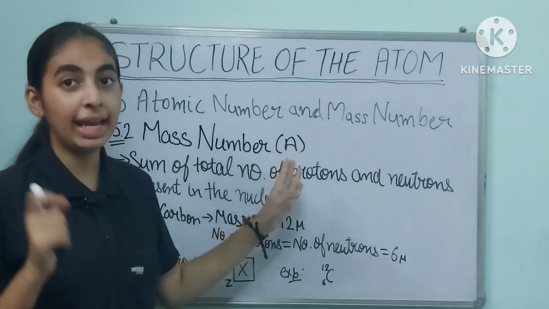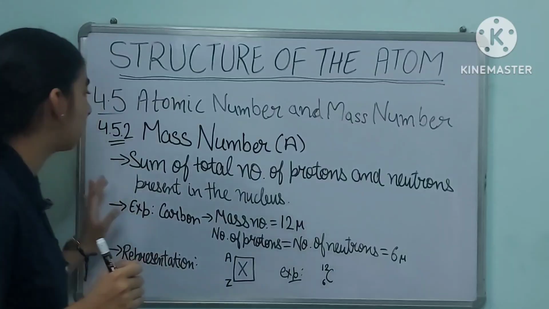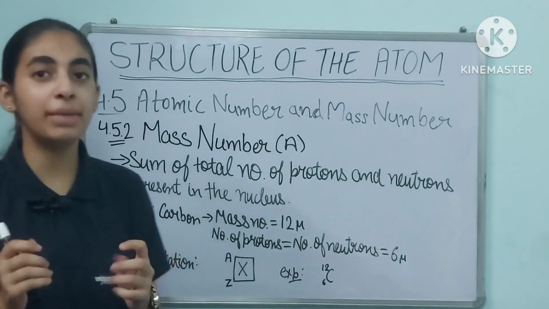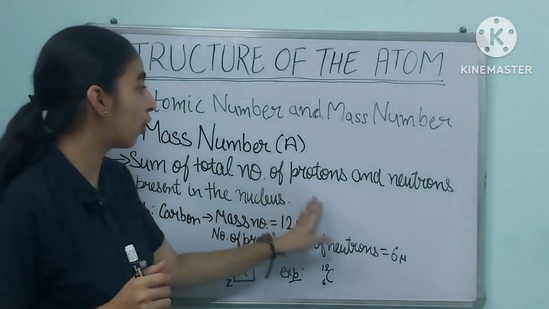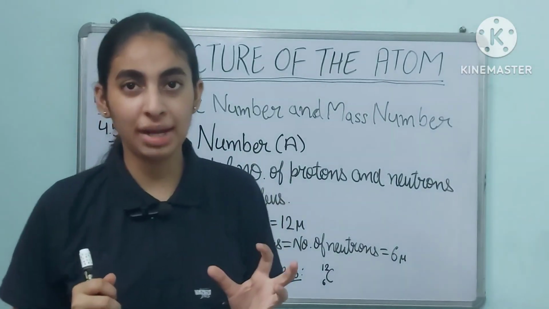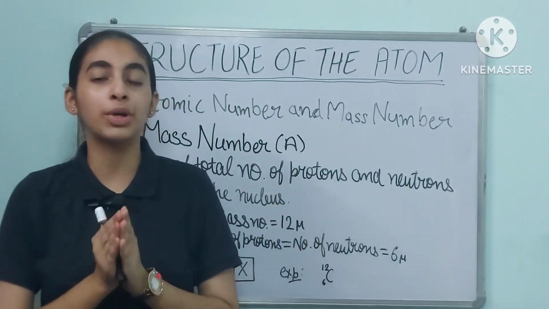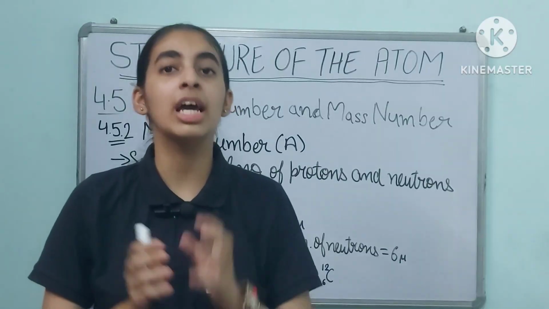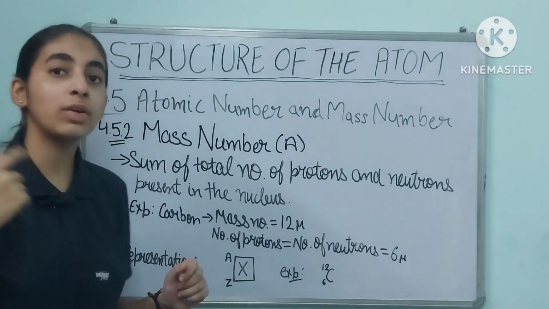Mass number is denoted by capital A. Now what is mass number? Mass number is the sum of the total number of protons and neutrons present in the nucleus. By adding the protons and neutrons present in the nucleus, we get the mass number. What was atomic number?